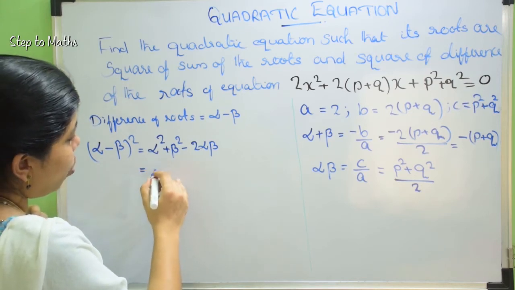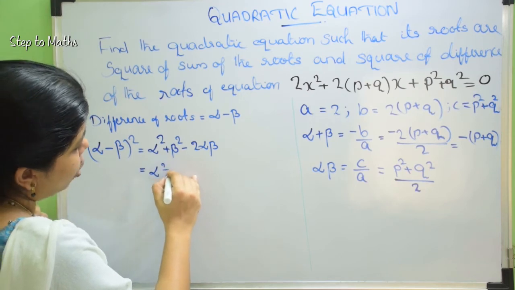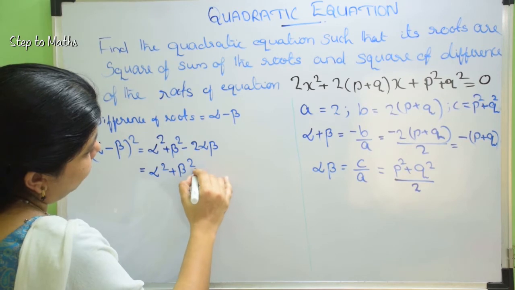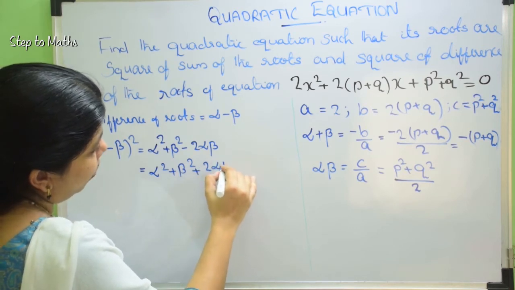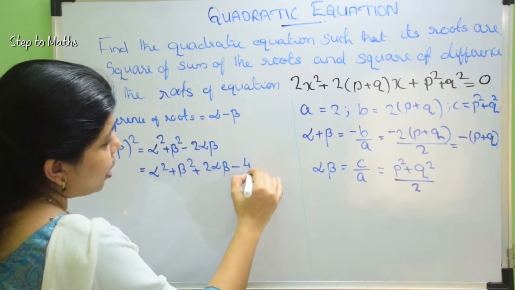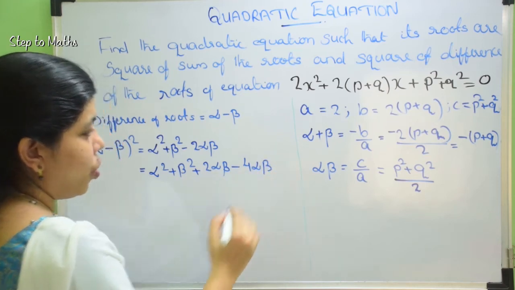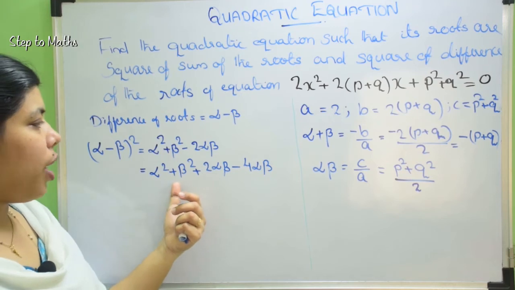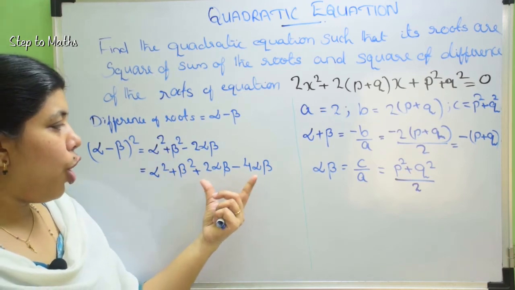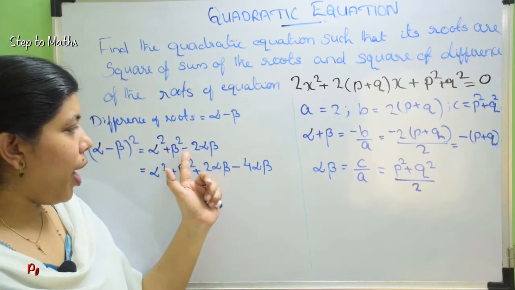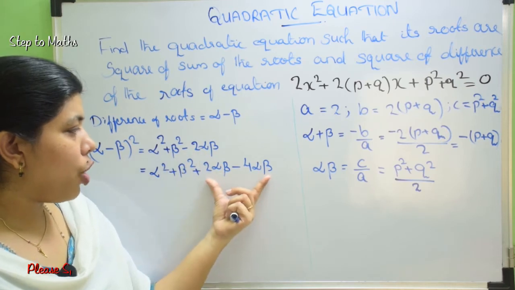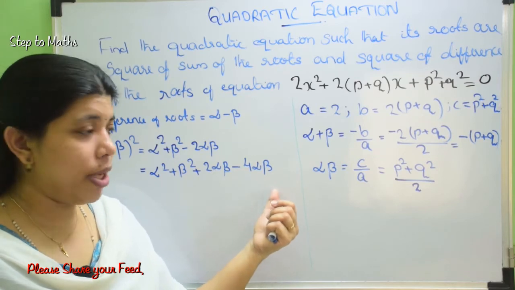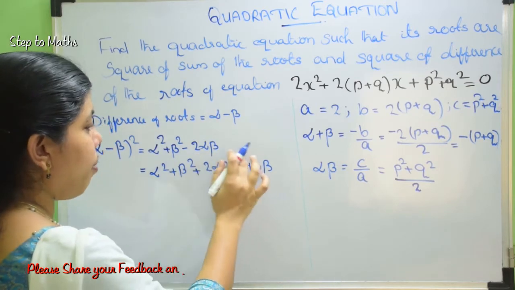This we can also write as alpha square plus beta square plus 2 alpha beta minus 4 alpha beta. Minus 2 alpha beta means plus 2 alpha beta minus 4 alpha beta.